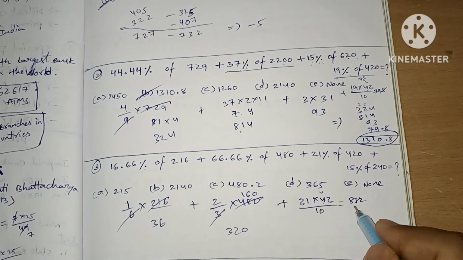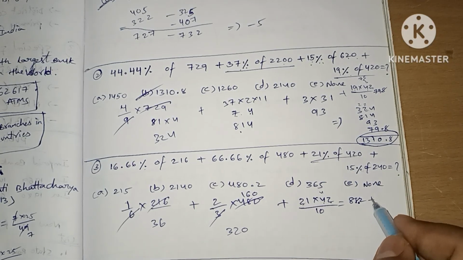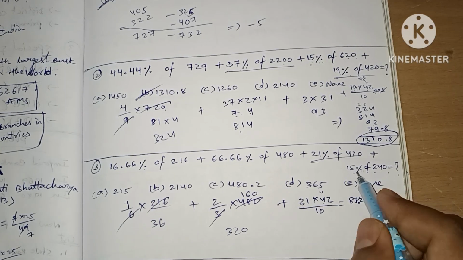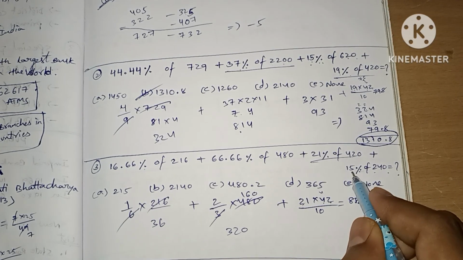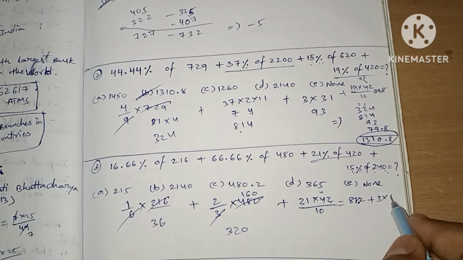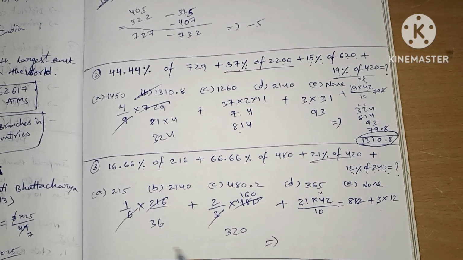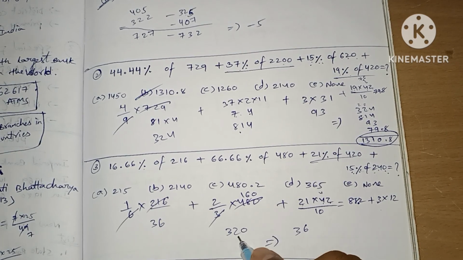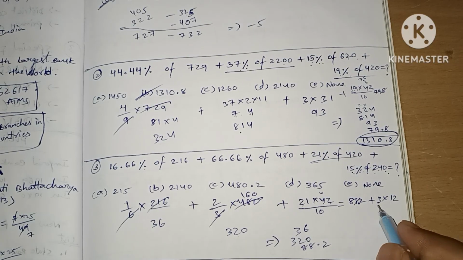So we get 88.2 from this one, plus 15% of 240. I know 15 percentage as 5 multiple single 0, and 2 multiple 5, 3 times 2 is 12 times, so we get 36 from here. So totally we have 36 plus 320 plus 88.2 plus 36.